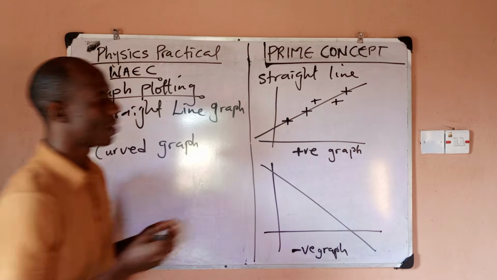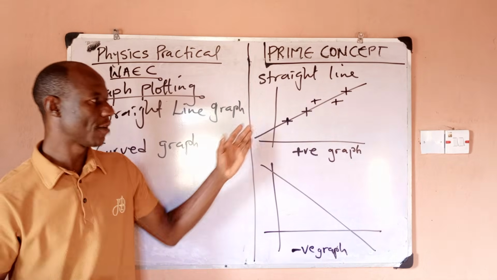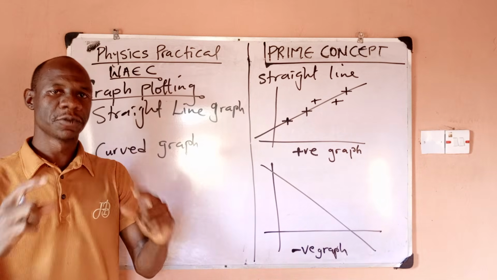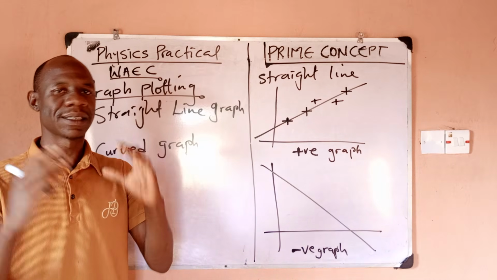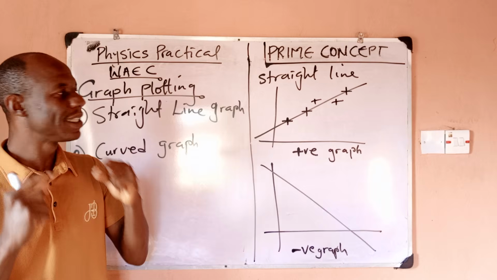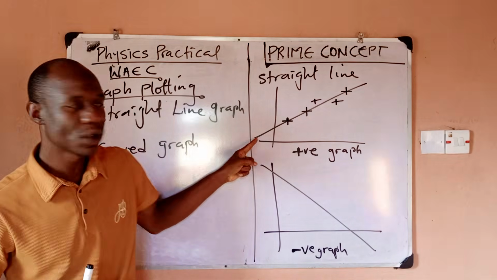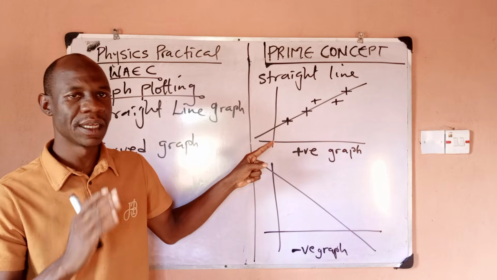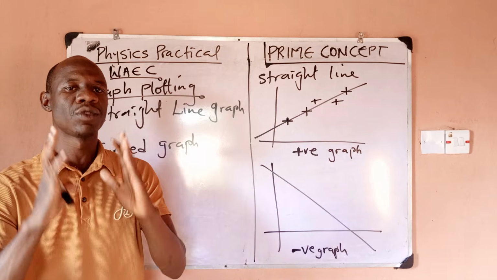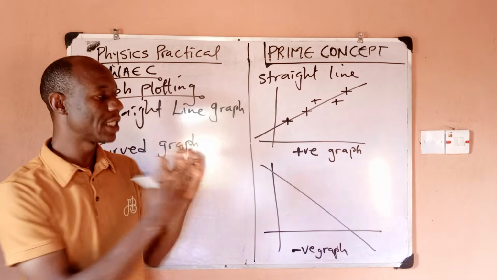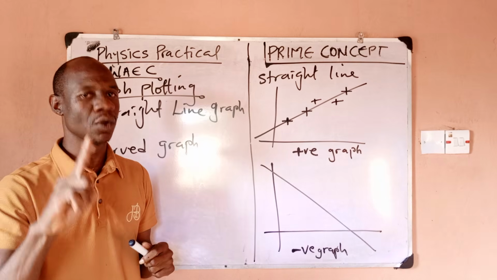So let's say this is what you have. Say you have 5 points, you have plotted this graph. Now you want to find your slope. You're going to draw a triangle. Now when you are drawing a triangle from your best fit line, this line you're seeing is what we call the line of best fit. I will still explain to you how to draw the line of best fit. For now, my interest is how to find slope.